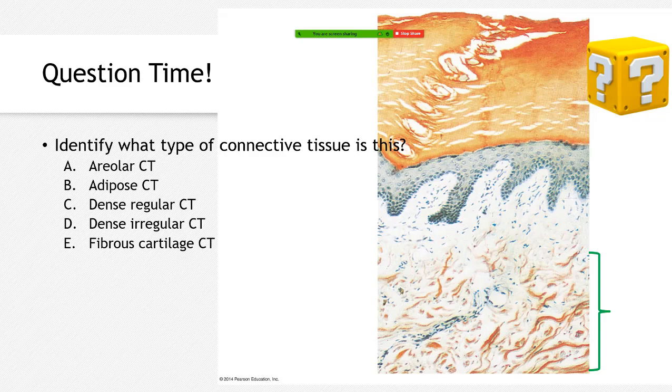Now you have to think about what kind of connective tissue is down here. What kind of fibers do I see? Do I see any cells or nuclei inside of here? If it's fibers, what kind of fiber is it? That should be going through your head.